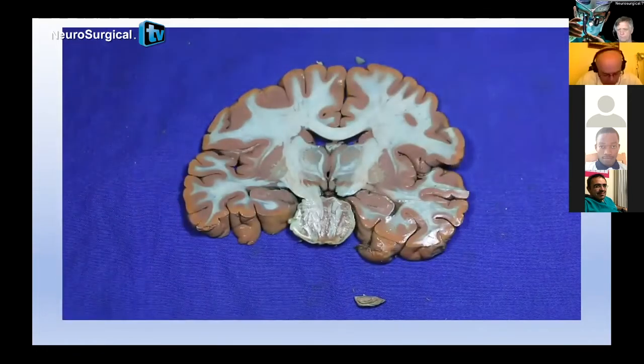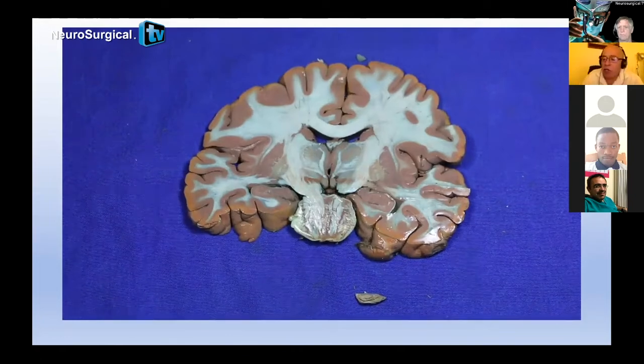So if you want, some day I can show you how to make this step by step. It's not difficult. The most difficult is to get a fresh human brain.